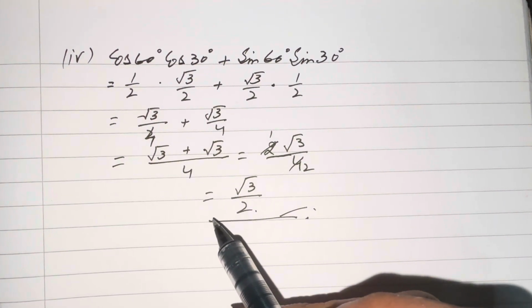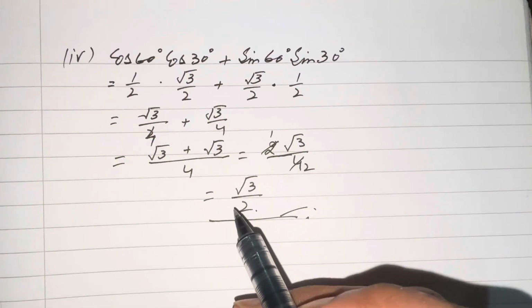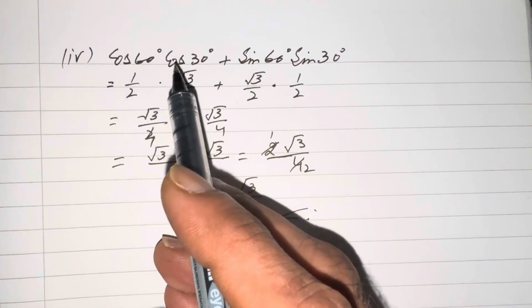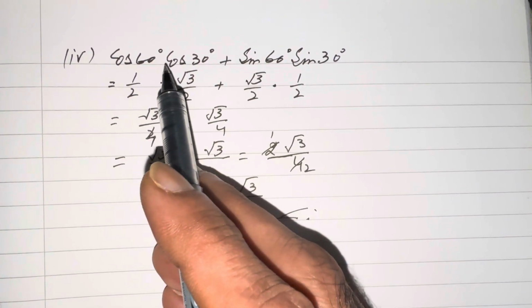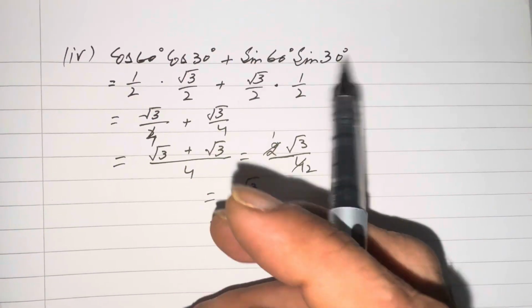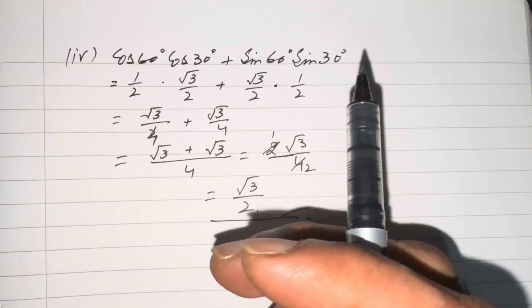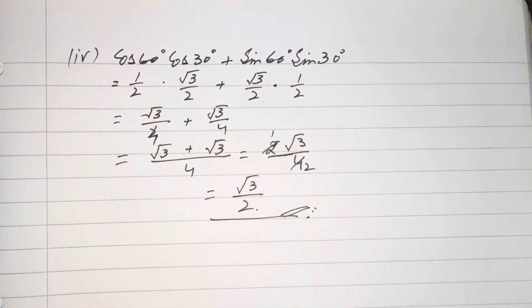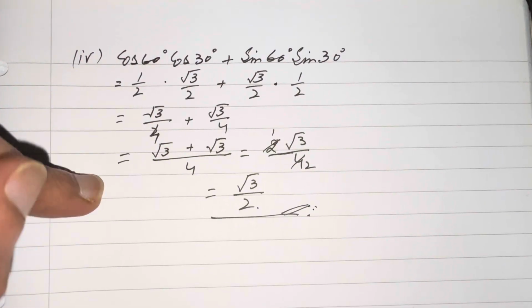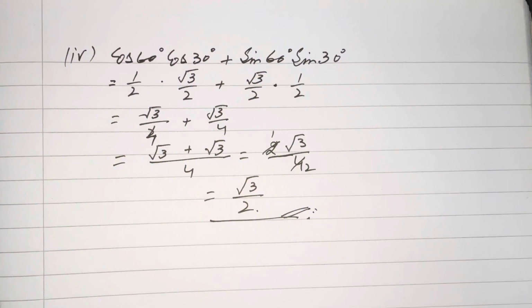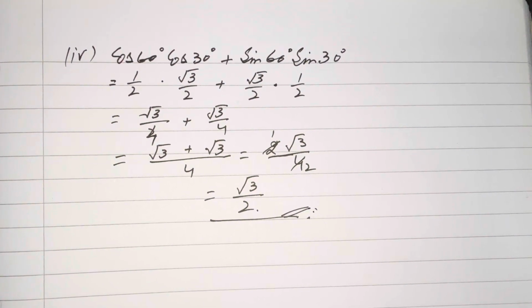These are short questions just to remember the values we have found in the table of the trigonometric ratios, sine, cos and tangent with the angles 0, 60, 30, 45 and 90. These are the simplest ways we can evaluate these kinds of questions.